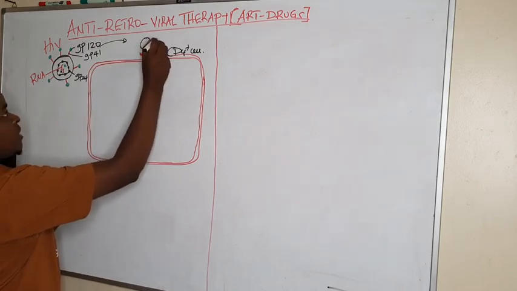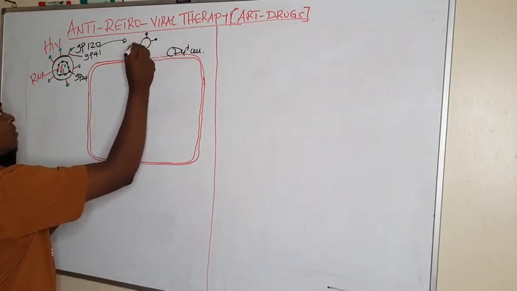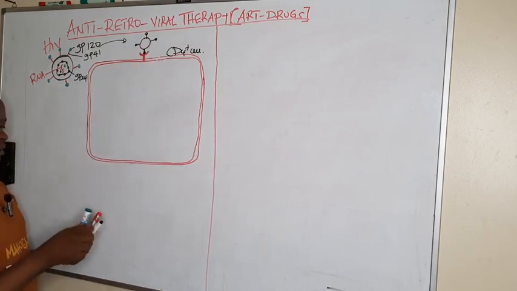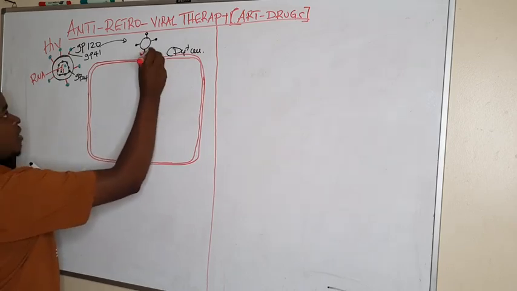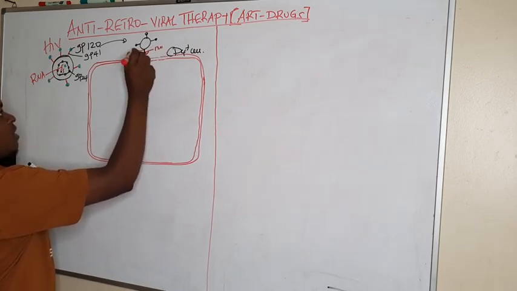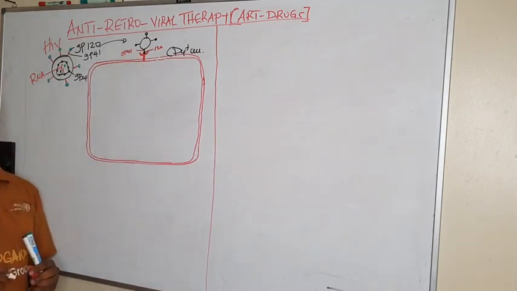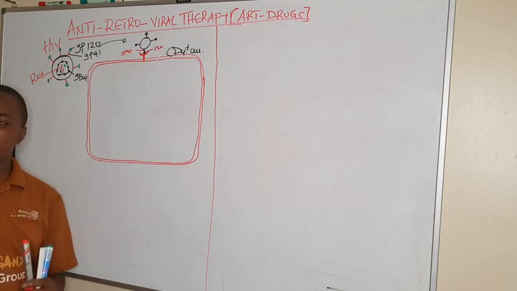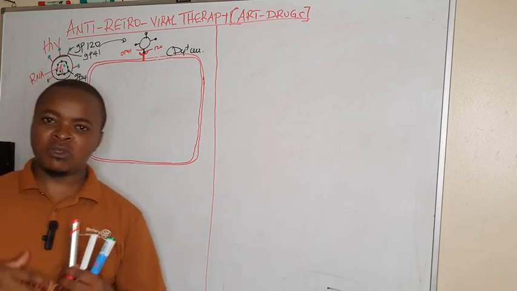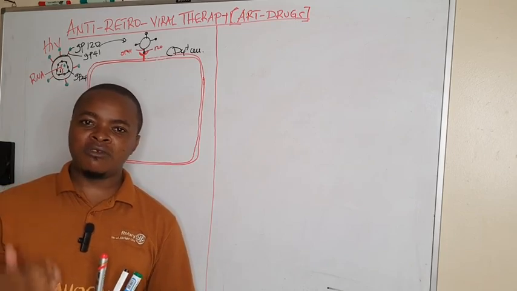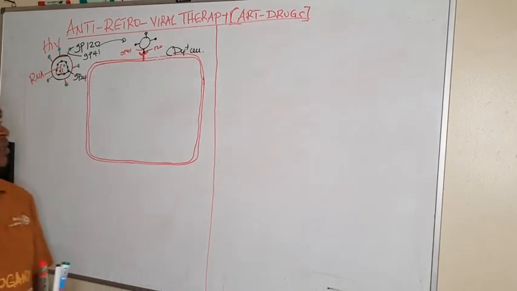It has the spike, whereby the spike is using glycoprotein 120 and glycoprotein 41 to bind to the receptors of the CD4 in the host cell, because we know these viruses, they can only replicate in the host cell.